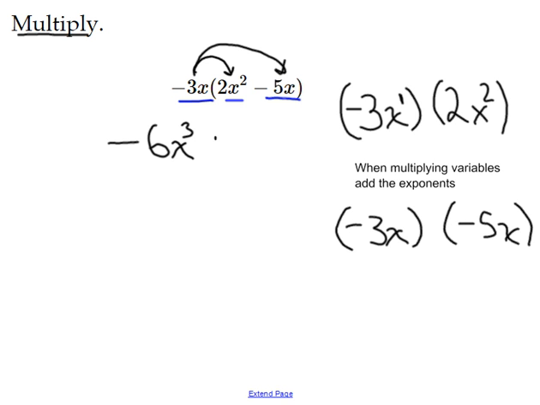So I'm going to write plus here, because a negative times a negative is a positive. 3 times 5 is 15. X times x. So now remember, you're multiplying variables, so you have to add the exponents. So this has an invisible exponent of 1. This has an invisible exponent of 1. So you're going to add the exponents. You're going to get x squared. That's our final answer.